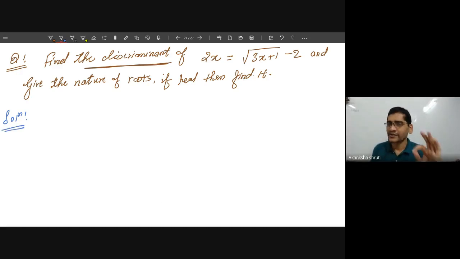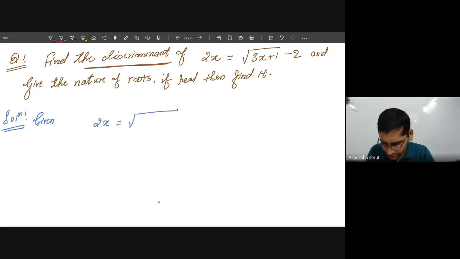Student, I had told you the very first thing is whatever the equation given, you convert it into a standard form, then you can apply the condition about the nature of root, means the discriminant. Student, so what is given here? Given equation is 2x is equals to under root of 3x plus 1 minus 2.